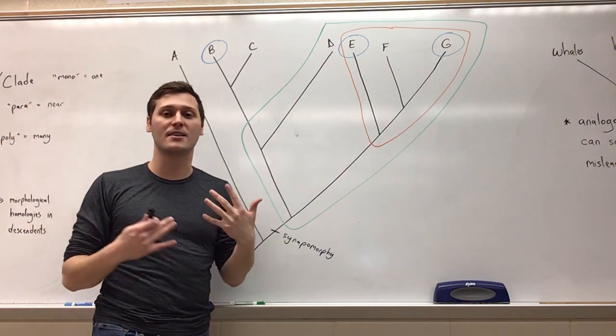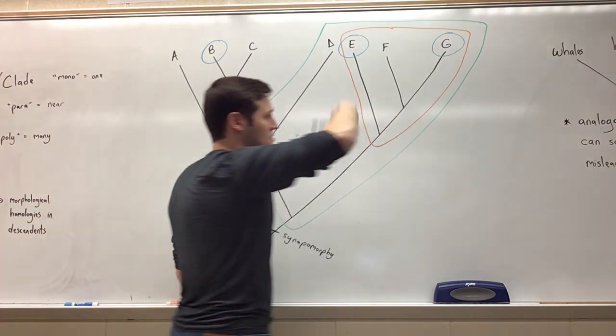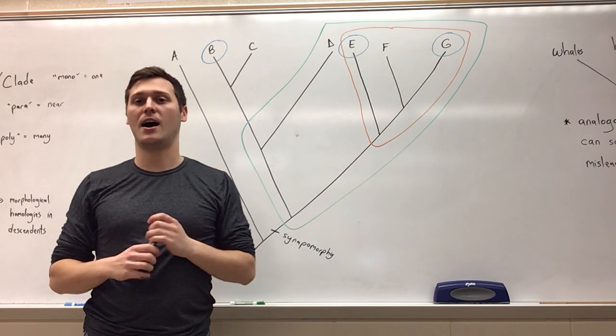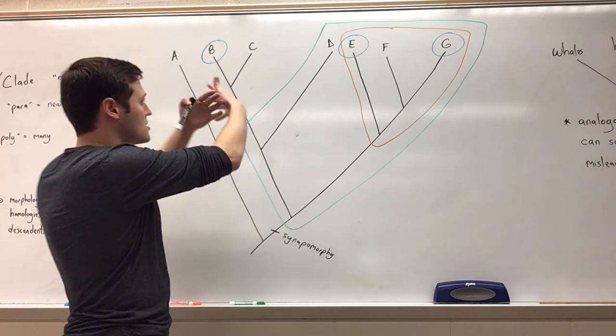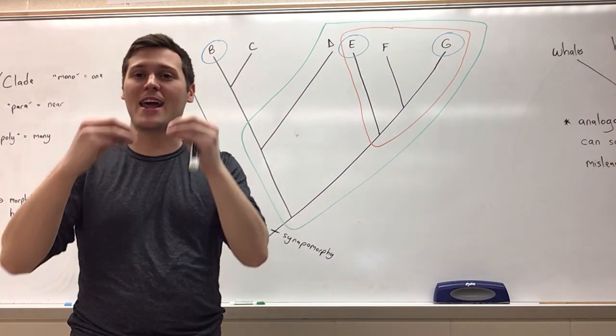Now a polyphyletic group, if we considered species B, E, and G, so now we're almost randomly sampling from the species in consideration without actually considering their common ancestor.